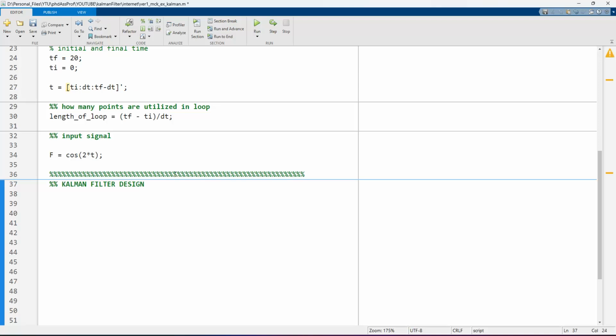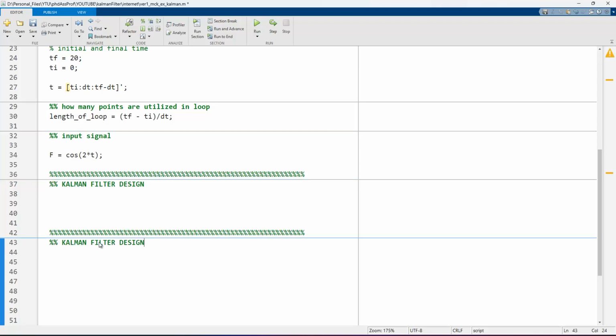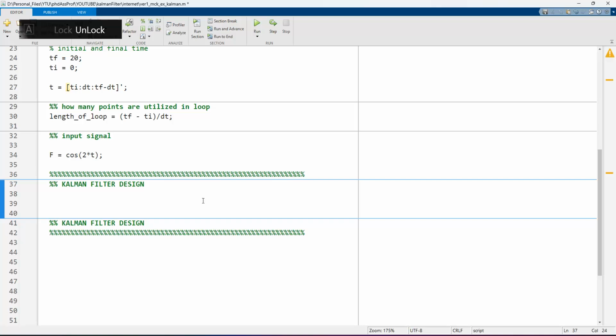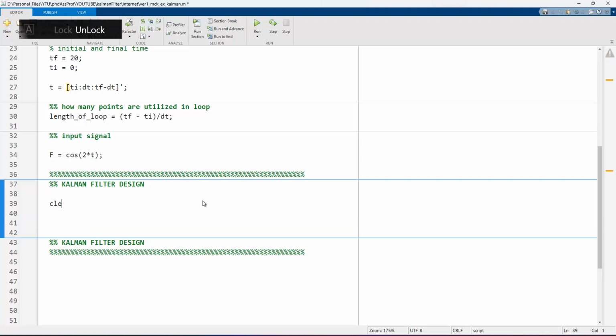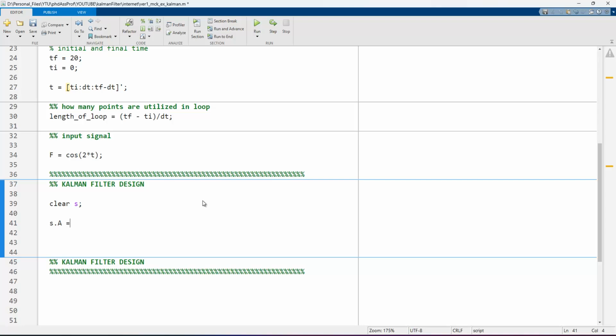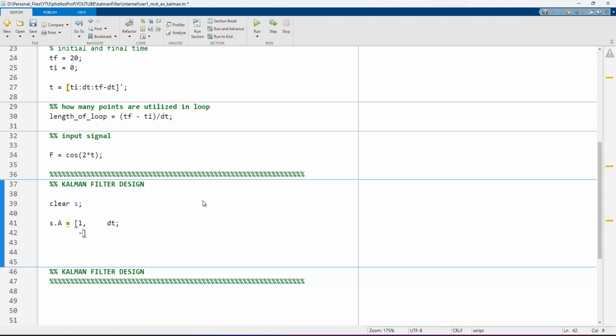First of all, if we have any existing values for S, we need to clear them. S is a structure with the values 1, dt, K times dt divided by M, and 1 minus dt times C over M. How can we obtain this A matrix?